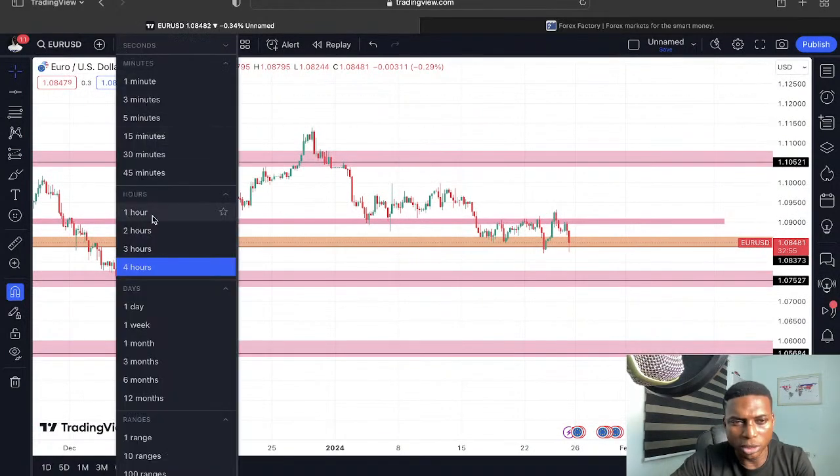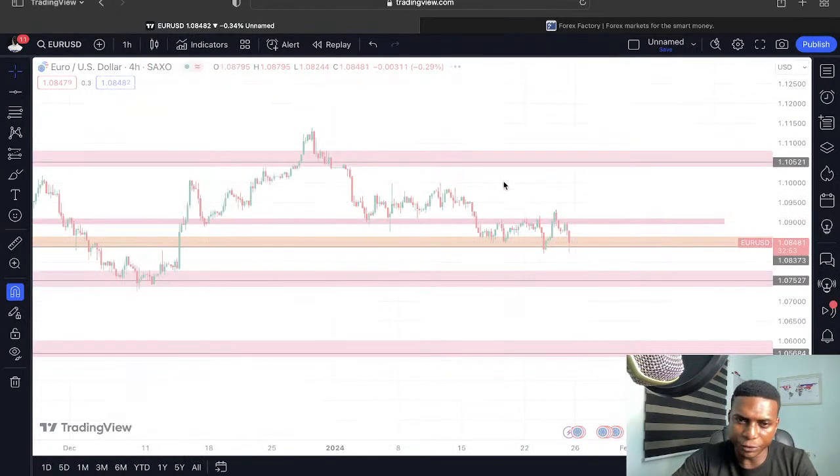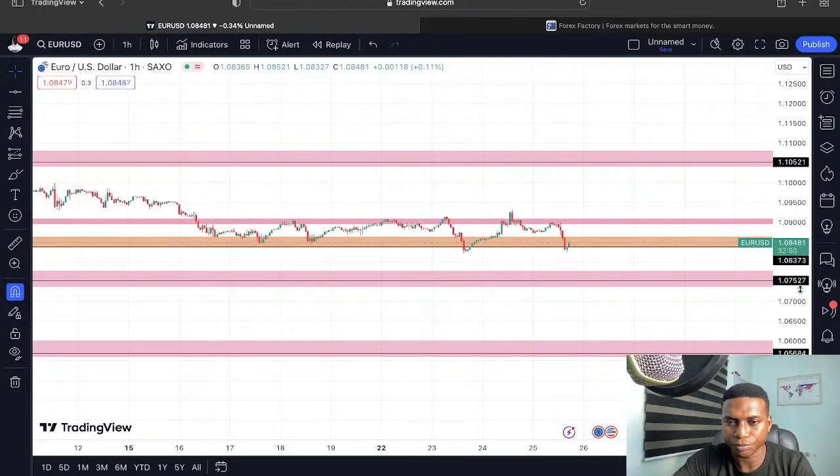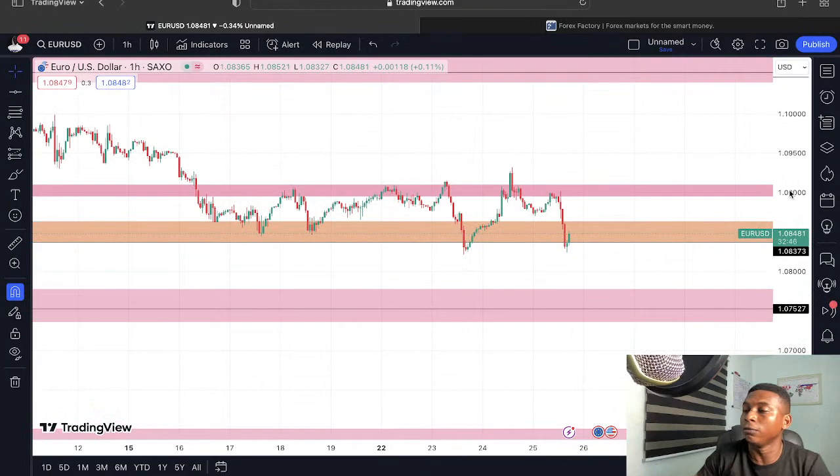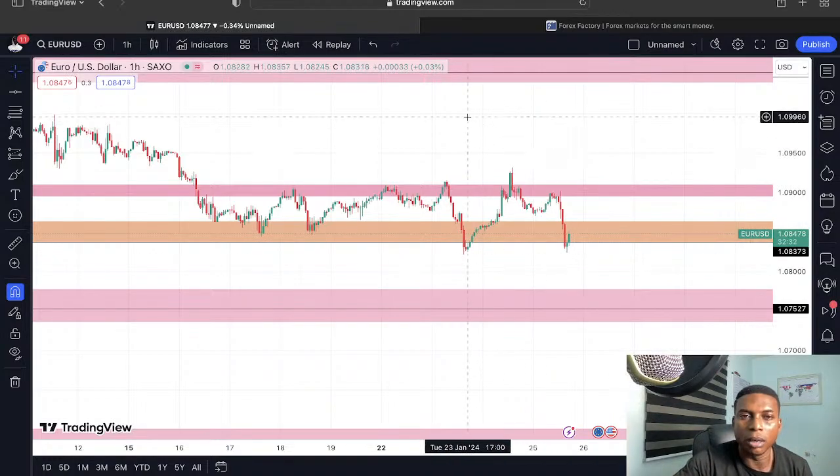All right, let's go down to the 1 hour time frame. One of the important things about lower time frames is that they help us to see what is currently going on in the market.